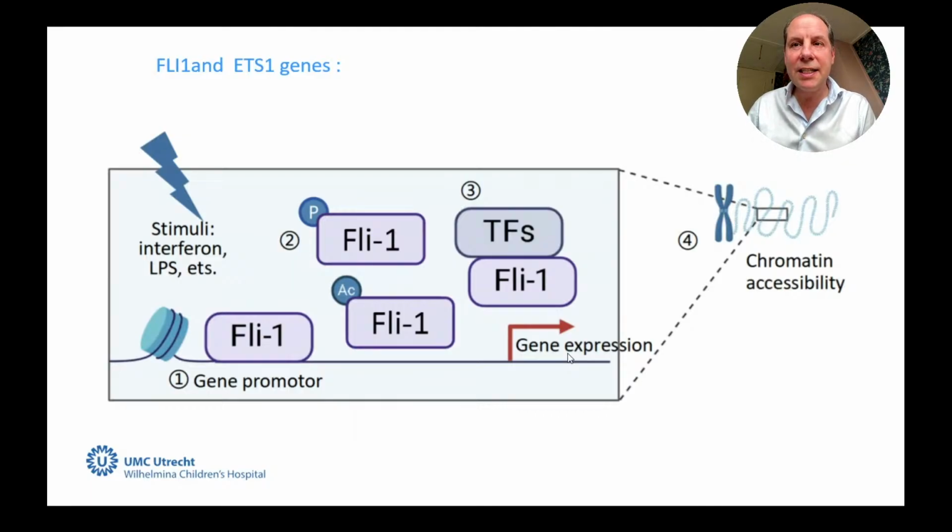There's a few genes that have been thought about to be logical candidates to cause the immune deficiency. And one was FLI1 and the other was ETS1.